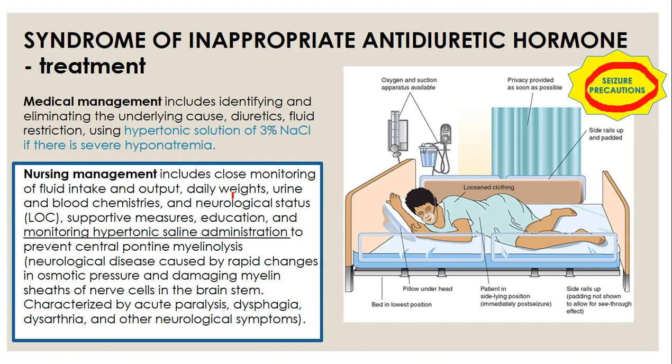But if you are giving a patient a hypertonic solution to correct the sodium levels, you also want to monitor the administration of the 3% sodium chloride to prevent central pontine myelinolysis, which is basically a neurological disease that damages the myelin sheaths of the nerve cells in the brainstem.